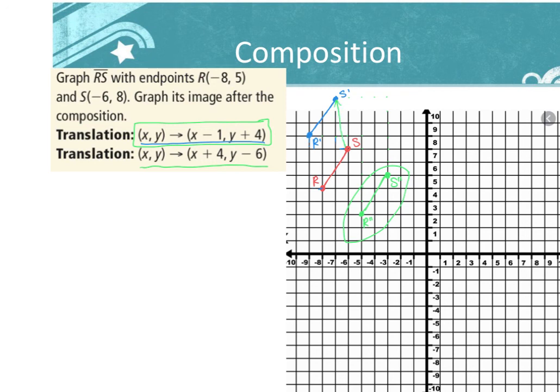If we were to draw a vector from S to S prime, that vector is going to match with the translation that we did. So in this case, this one's moving to the left 1, and then we're moving up 4. So this is going to be -1, 4. And then in this case, that directly matches up with what we wrote for the rule. Okay?